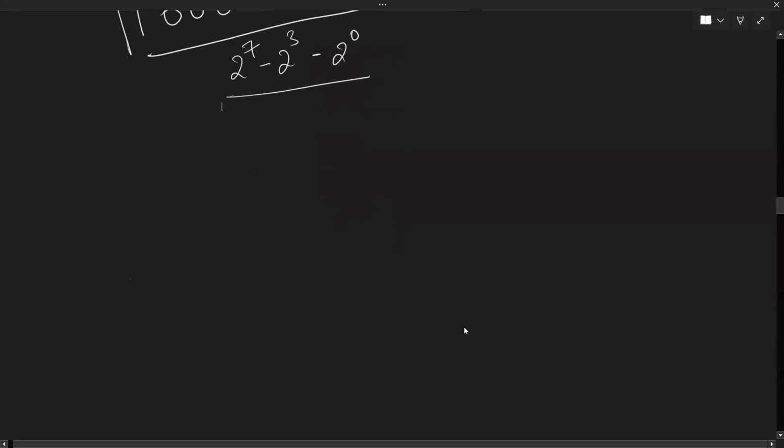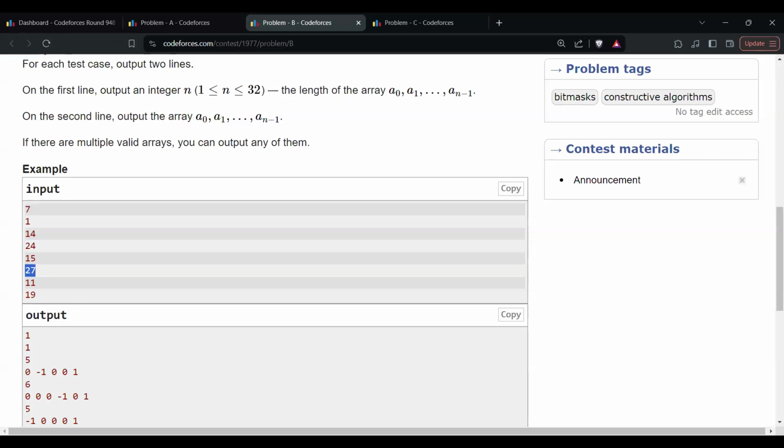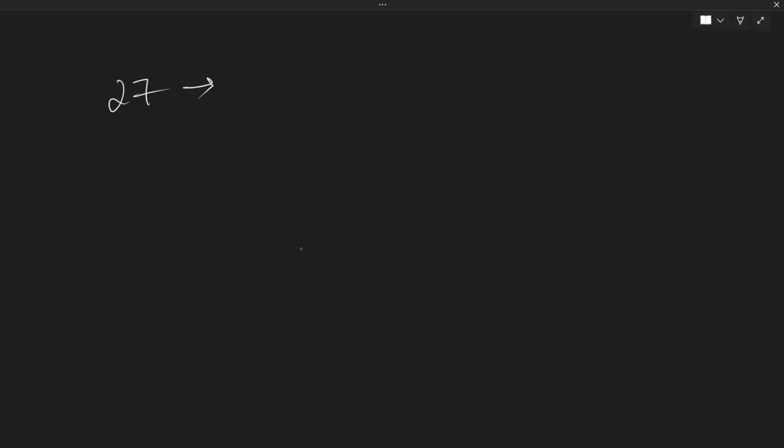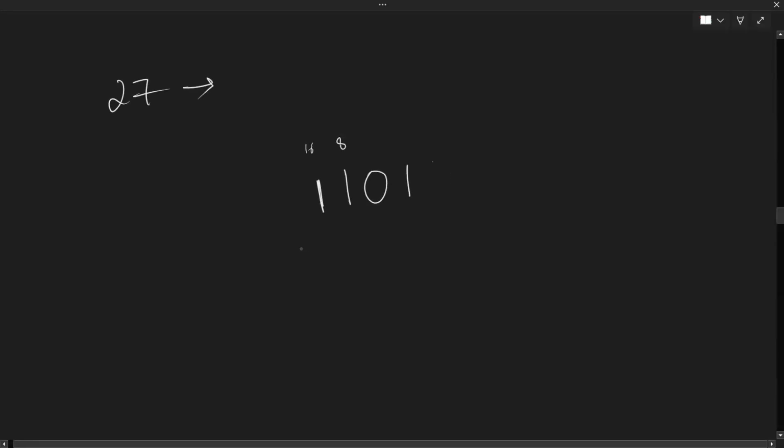So let's take 27. What is the binary representation of 27? So 1 for 16, then 8, then 4, 2 and 1.